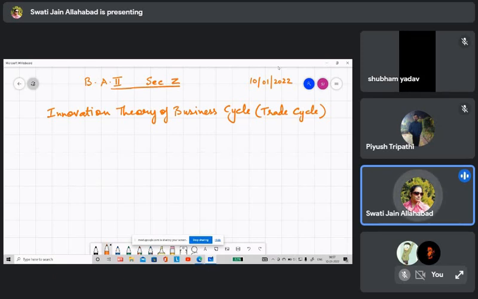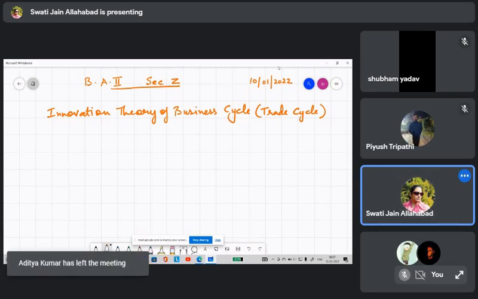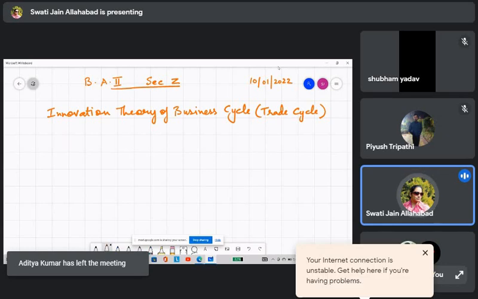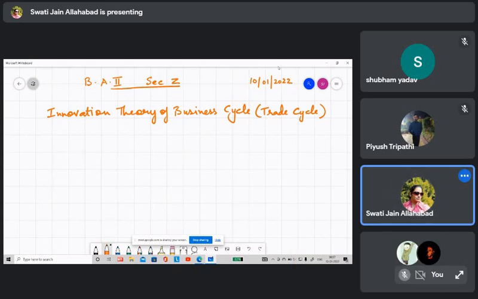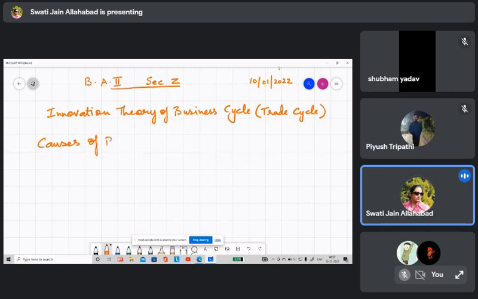Before that, we have understood the phases of business cycle. There are 4 phases of business cycle. Then why business cycle arises, the reason behind it, or the causes of business cycle, are explained by theories.